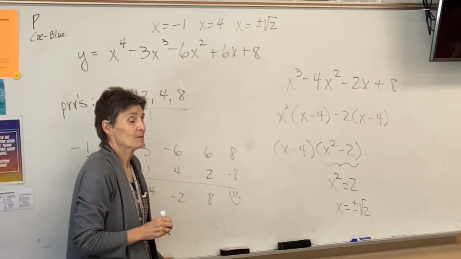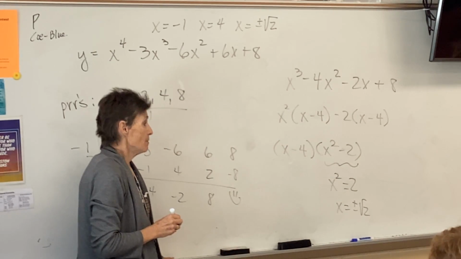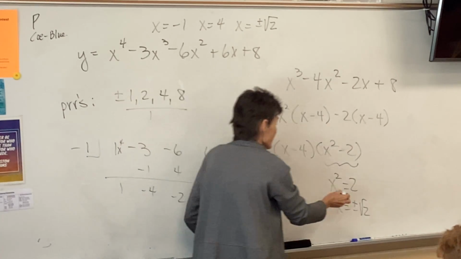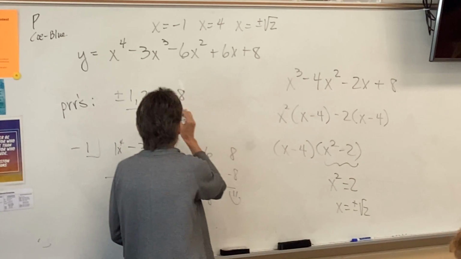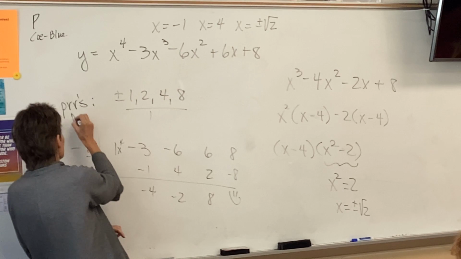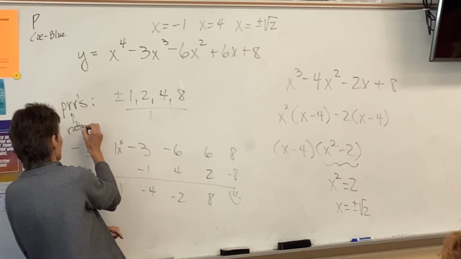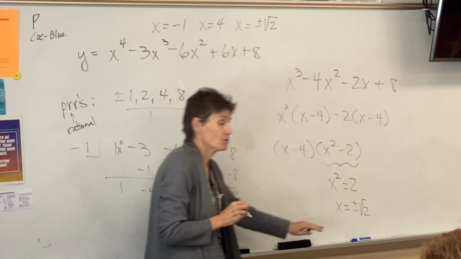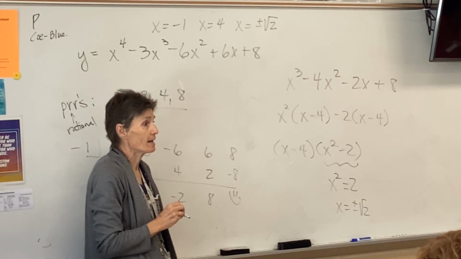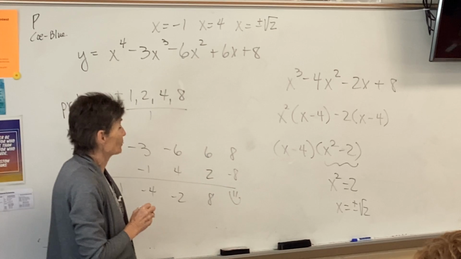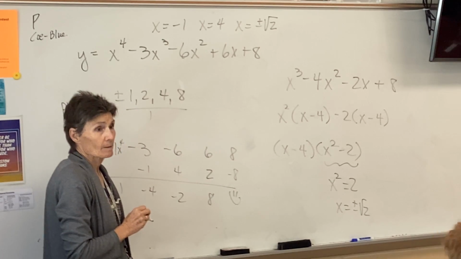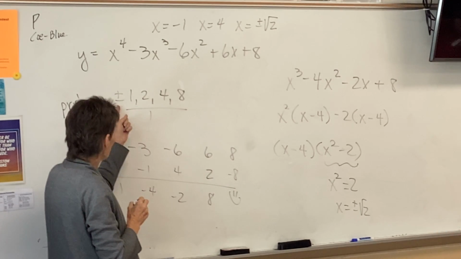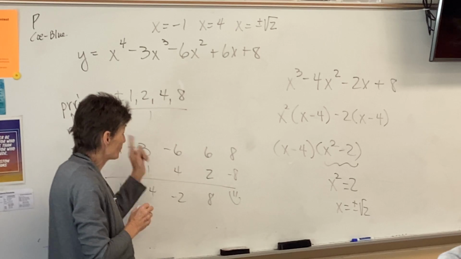And we talked about this last time, that these numbers are not in my list because my list is only rational numbers. So you're not going to see your radicals and your i's in your list. But you did see the -1 and the 4. They're in your list.